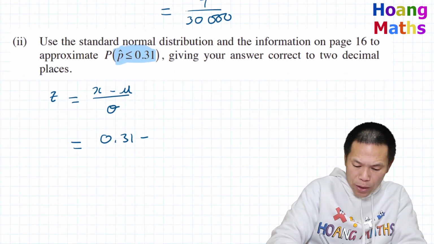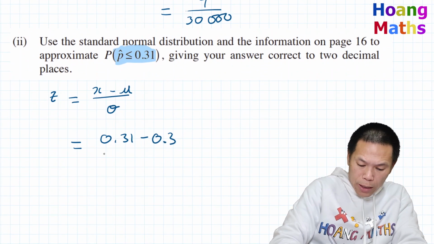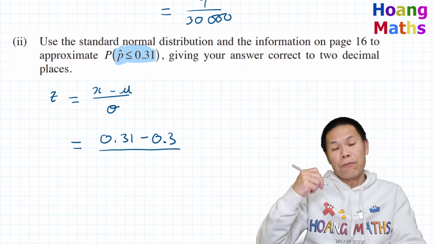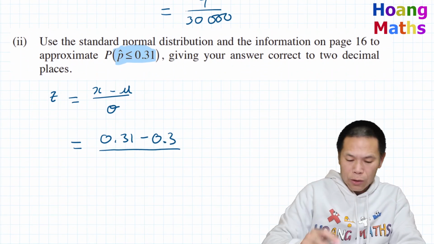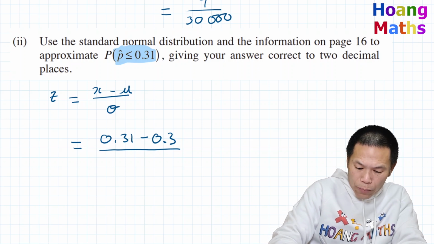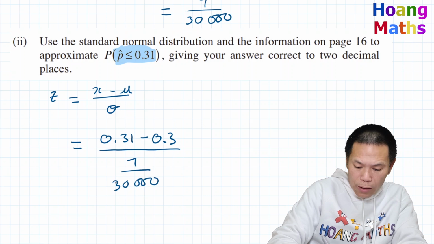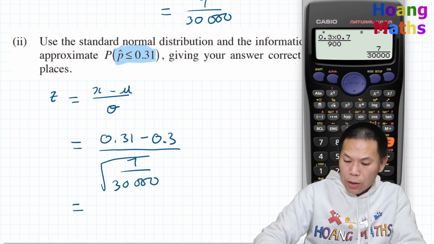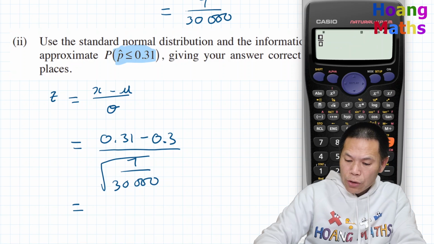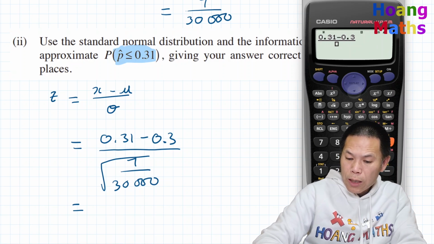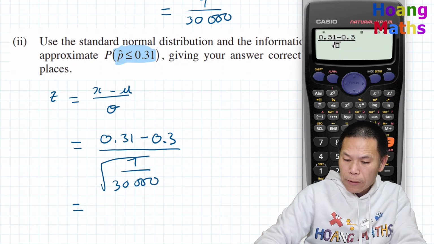So minus 0.3, divided by the square root of the variance, that is the square root of 7 over 30,000. So 0.31 minus 0.3, divided by the square root of 7 over 30,000.